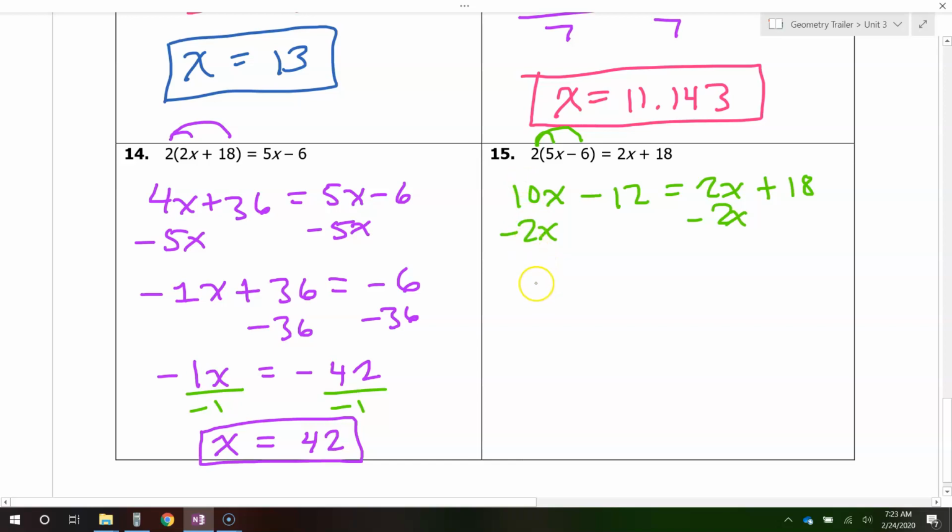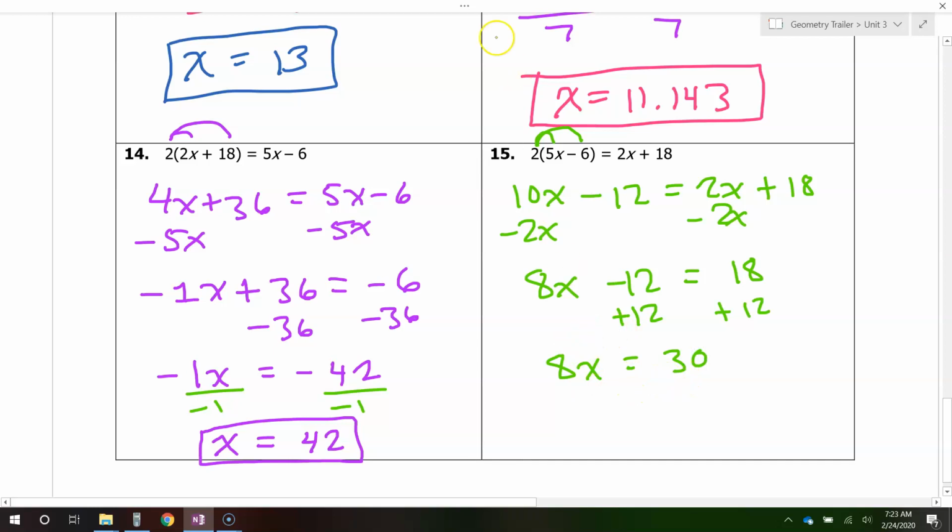So that's going to make 8x right here. Bring down your -12, and that equals 18. Next, we will add 12 to both sides as we try to get x by itself. So that's 8x is equal to 30.